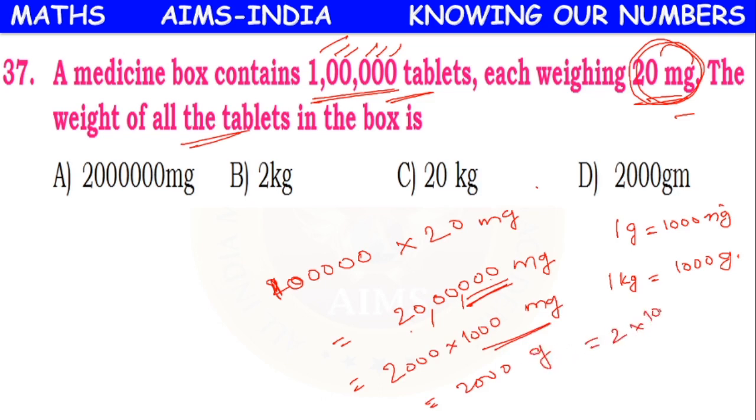Or we can write 2 into 1000 grams, which means 2 kg. So we can have these answers. The answer is 20 lakhs milligrams. A is the correct option. So next.